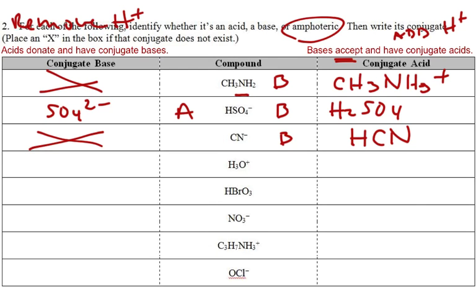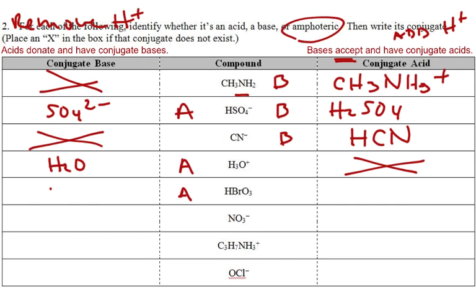H3O plus, on the other hand, can donate, does have H's, and if it does, becomes H2O, and I've never seen that act as a base. I've never seen H4O2 plus. So HBrO3, that's easy. We can see that that's an acid, because it starts with an H. So when it is an acid, it donates.